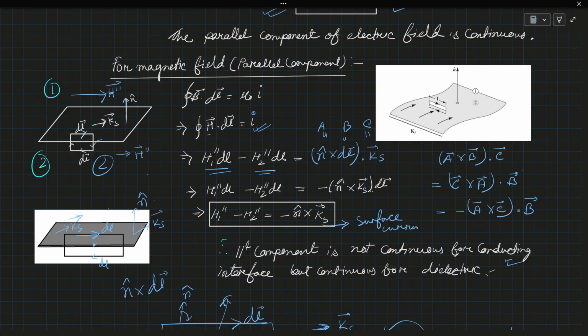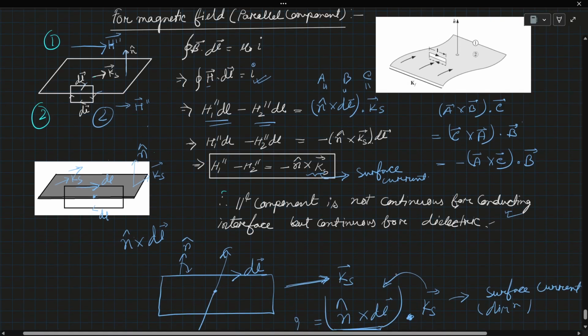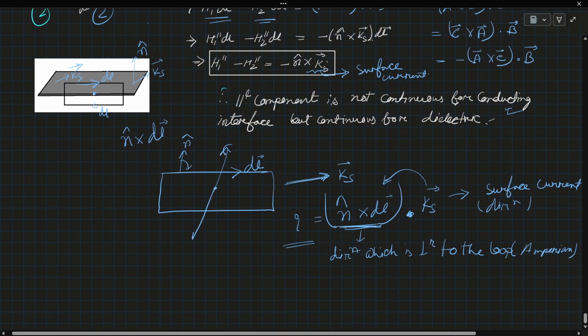So only conducting interfaces contain surface current, and the parallel component will not be continuous. But a dielectric does not contain free electrons, that means no free charges, so no surface current. So this Ks will be 0.